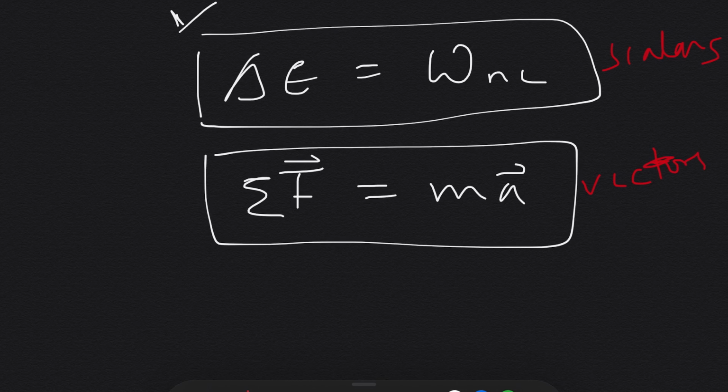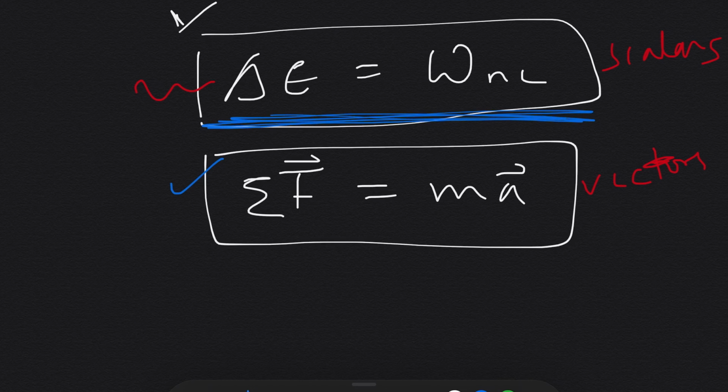Which one do you think is easier to solve for a certain value like height or velocity? Well, actually, this one's easier. I'm more familiar with using Newton's second law because that's what's been stressed a lot. But when you have to deal with directions, signs, it gets very confusing. The preferred way to calculate and solve for variables is to actually use this equation up here.